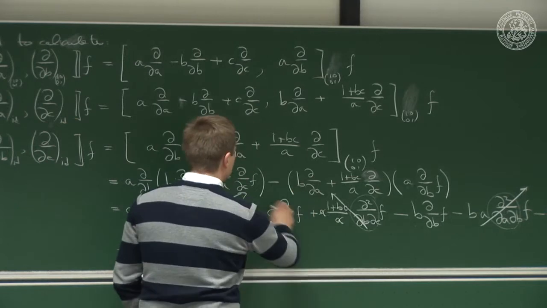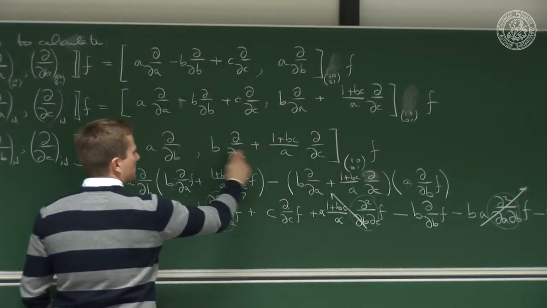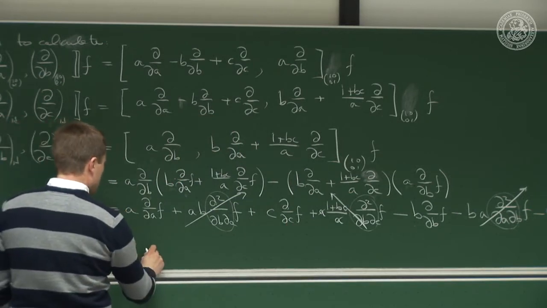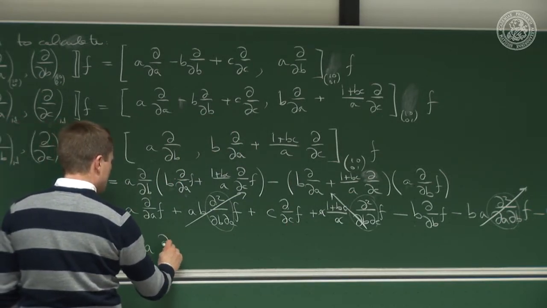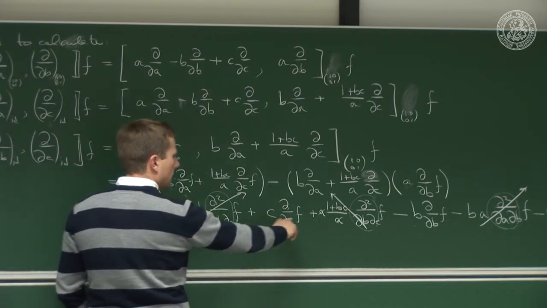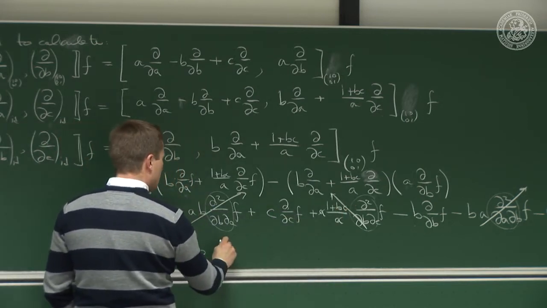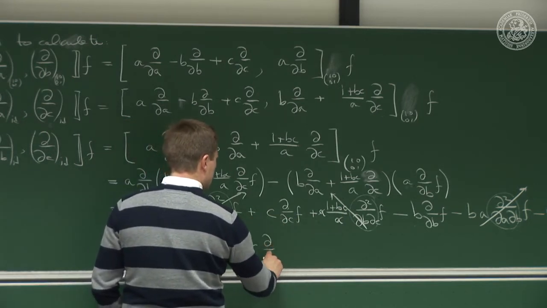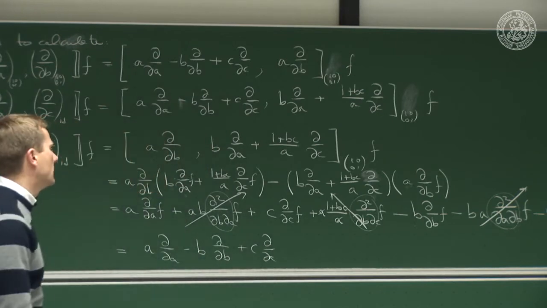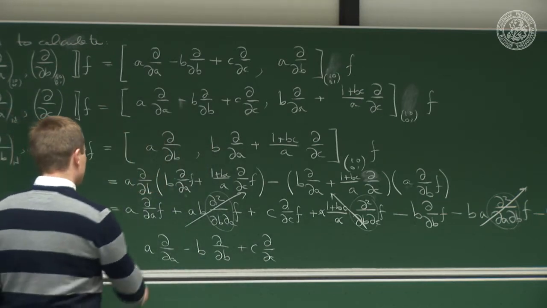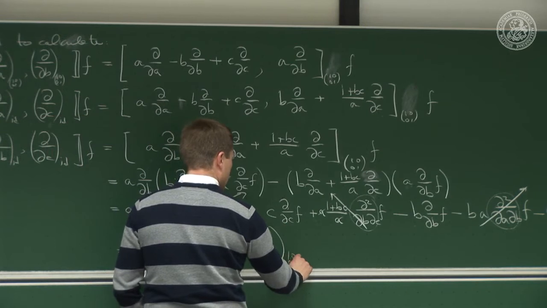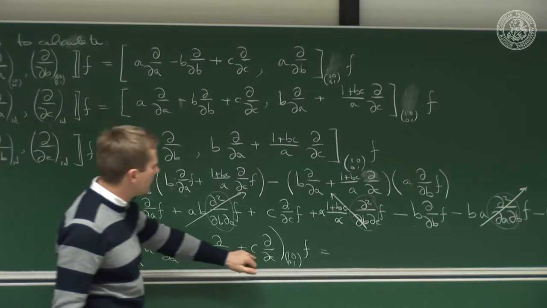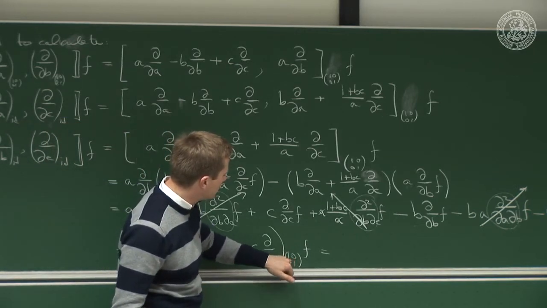And we decided, I didn't indicate this here in these lines, but we decided to evaluate the vector field at the identity. So, but let's first write down the full vector field. It's A d by dA. Then we keep the minus B d by dB. And we have the plus C d by dC on F. But we want to evaluate this at 1, 0, 0, 1, acting on F. And you know that the coordinates in the first chart we chose of 1, 0, 0, 1 is ABC.